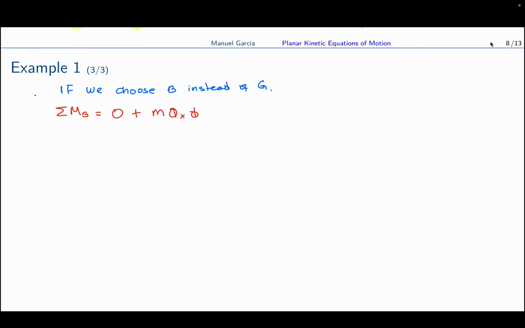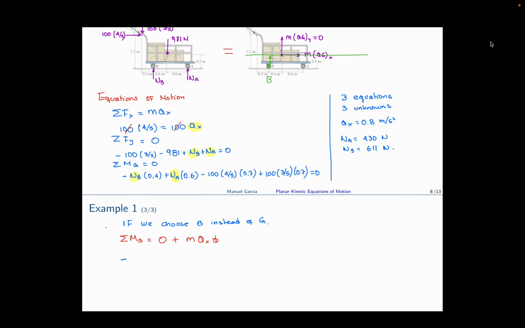So the moments will be minus, let me do it this time over here. So moment over here. So we have the moment produced by the weight that before was cancelled. So that's, and it's a negative moment.